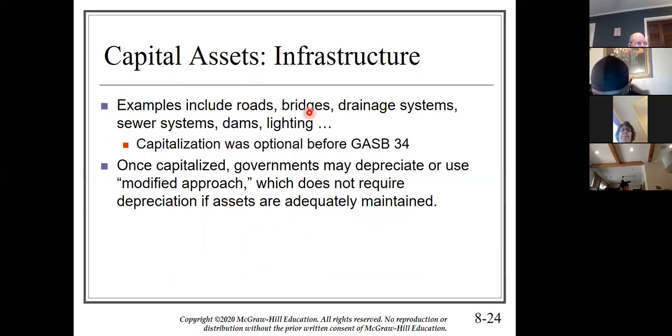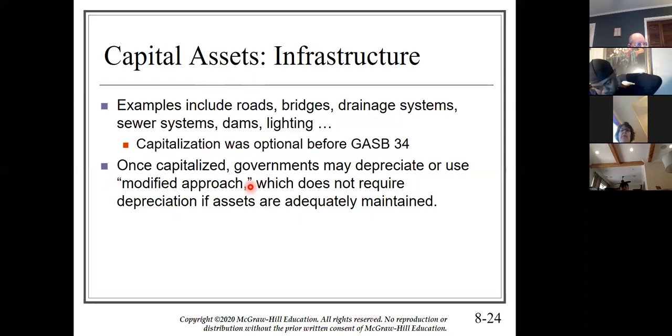Infrastructure: roads, bridges, drainage systems, sewer systems, dams, lighting. Capitalization used to be optional, now it's required. Once capitalized, governments may depreciate the infrastructure assets or use what's called the modified approach, which does not require depreciation if assets are adequately maintained.